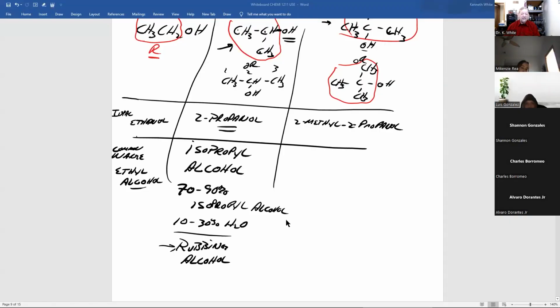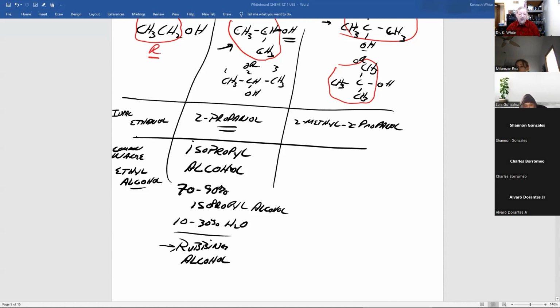Oh, when I worked in industry, there are two types of molecules you use to clean organic chemistry glassware. One is acetone. I'll teach you about that later in the semester. And something that's less expensive and used more in industry than academics is isopropyl alcohol.